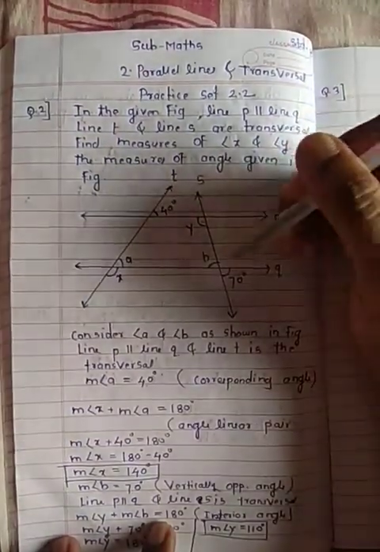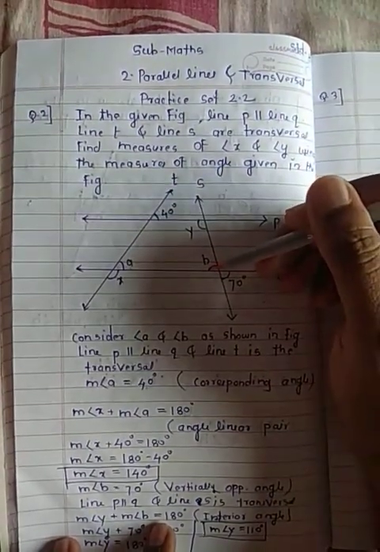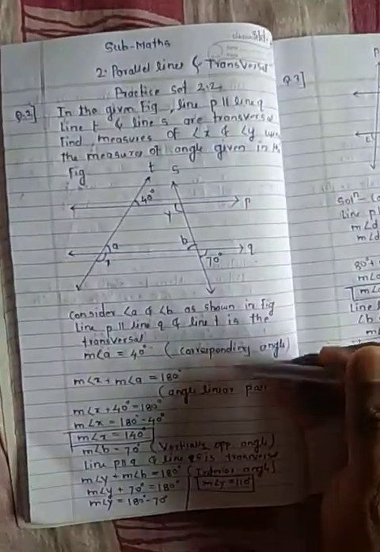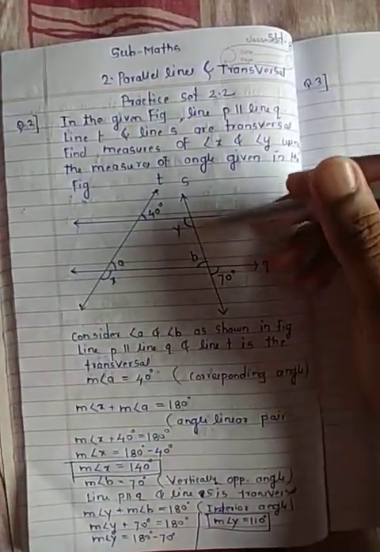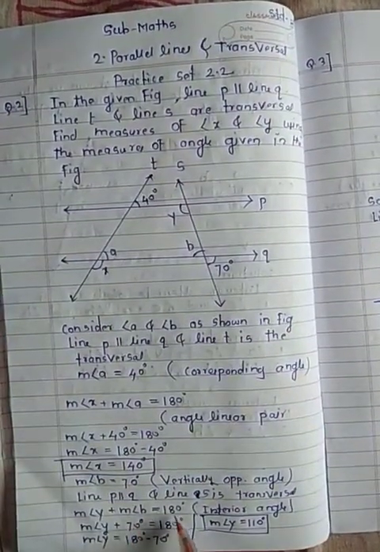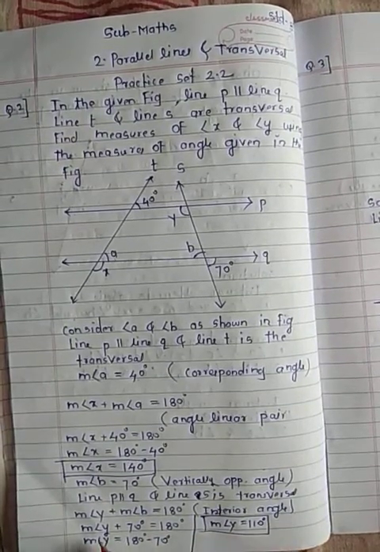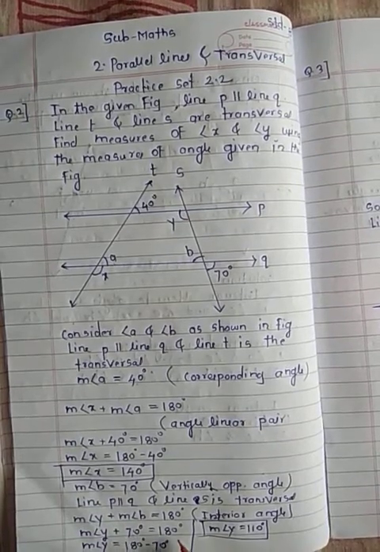These are the two interior angles, angle Y and angle B. Angle B I have already found to be 70 degrees. So we apply the interior angle theorem here: measure of angle Y plus 70 degrees is equal to 180.